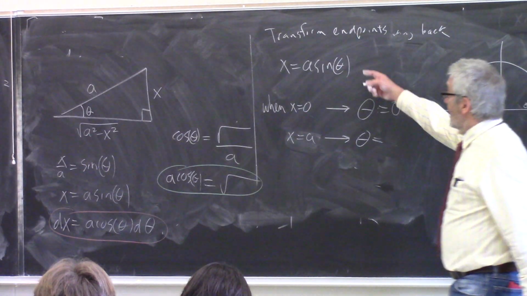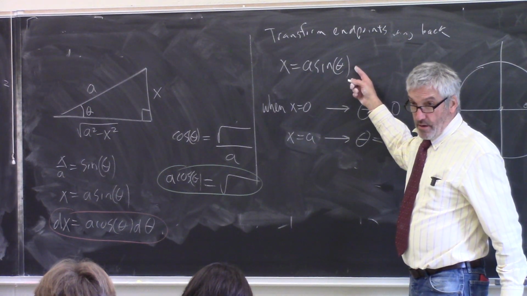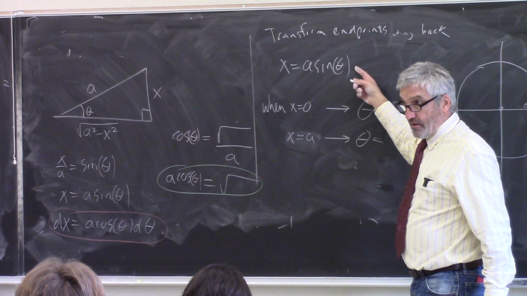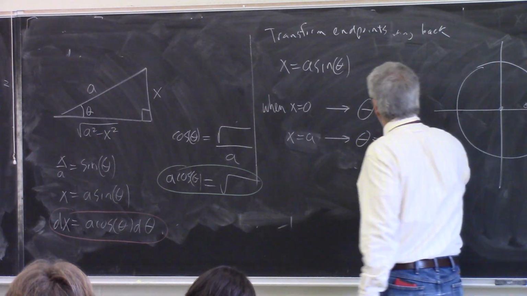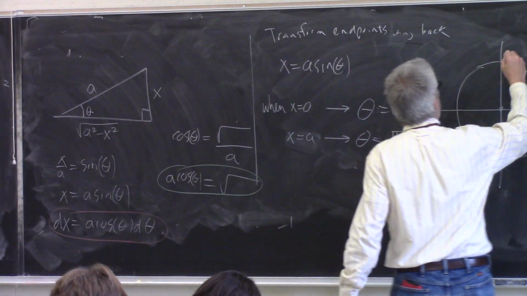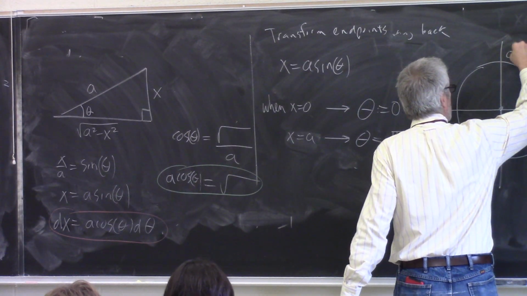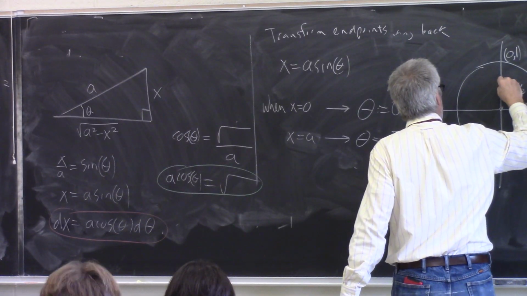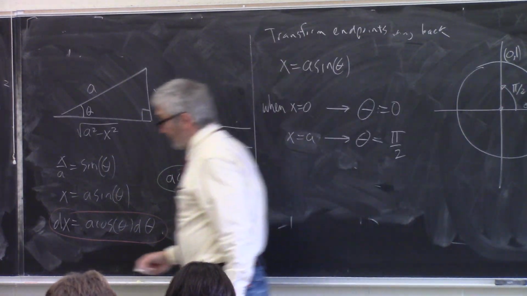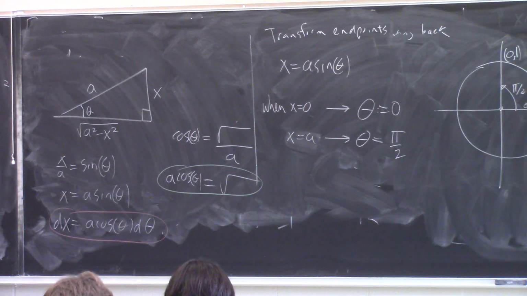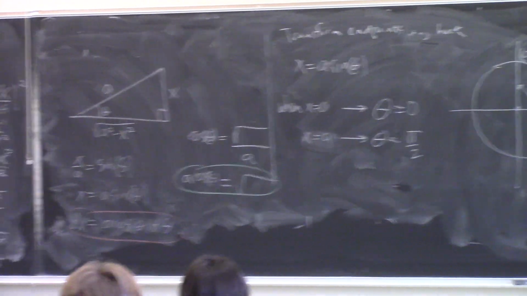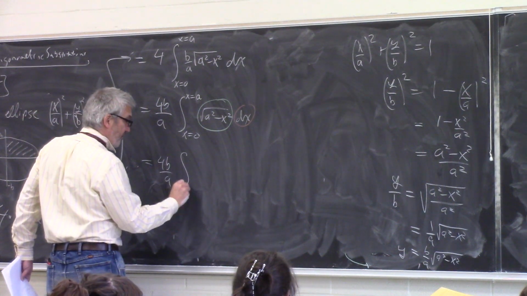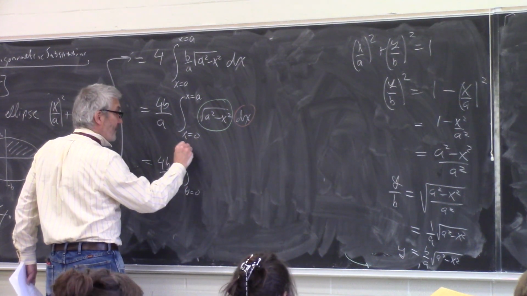If a sine theta is just equal to a, pi over 2, because that means that sine theta has to be 1, and that's here. So my new endpoints are 0 and pi over 2. So when I substitute all that stuff in, I get theta equals 0 to theta equals pi over 2.